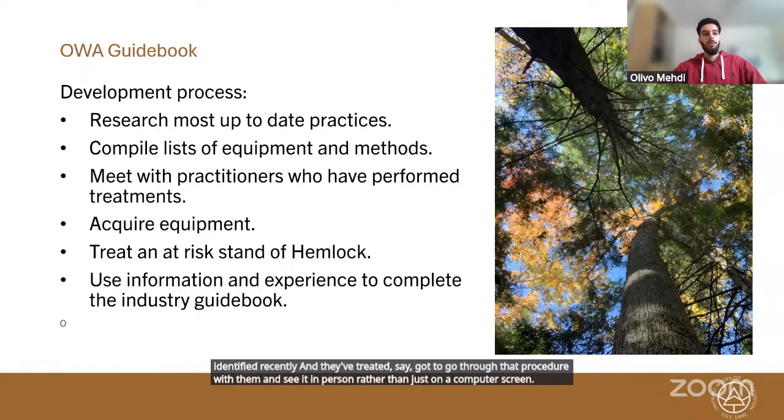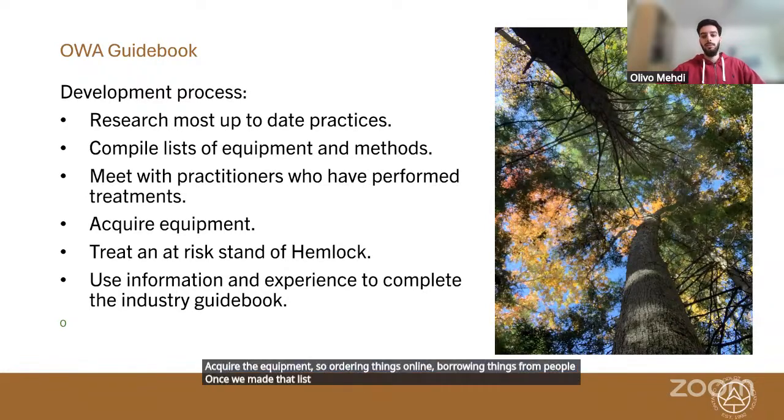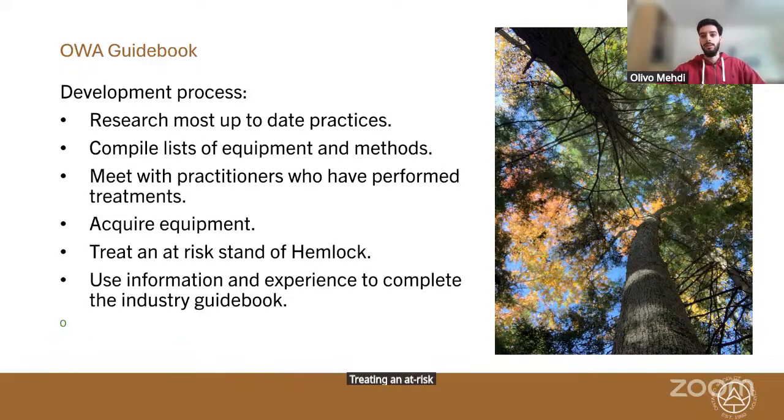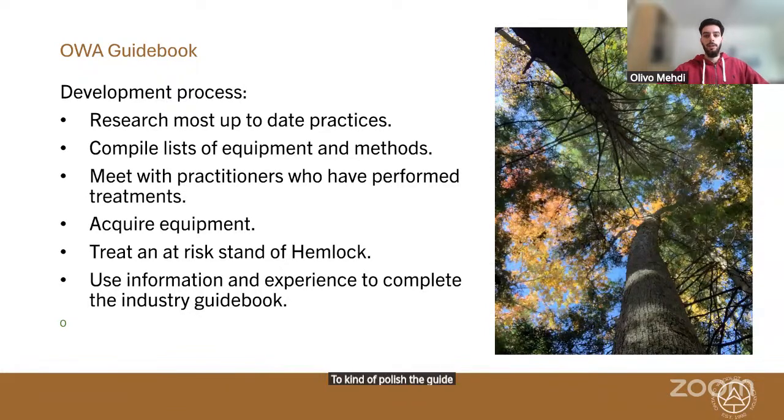Then acquire the equipment, so ordering things online, borrowing things from people once we made that list, buying things, double checking, going to Canadian Tire, all kinds of trips. Then treating an at-risk stand of hemlock, and that's the practical portion. Then using the information we got from treating it ourselves, what worked, what didn't, to polish the guide and make it very usable and not leading you into errors.